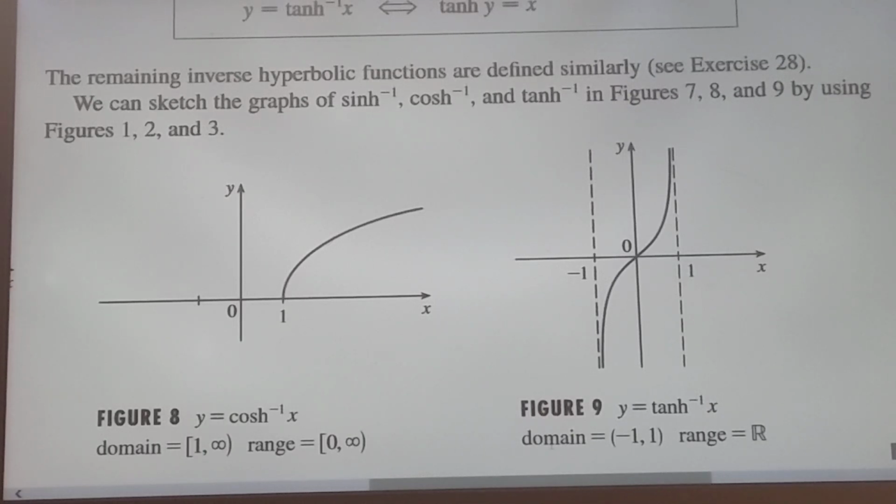Here we are excluding the asymptote. Also there we are also excluding the asymptote. So that is the standard graph of y equals inverse tanh x. Okay, inverse tanh x when you see, or arc tanh x, or arc cosh x.